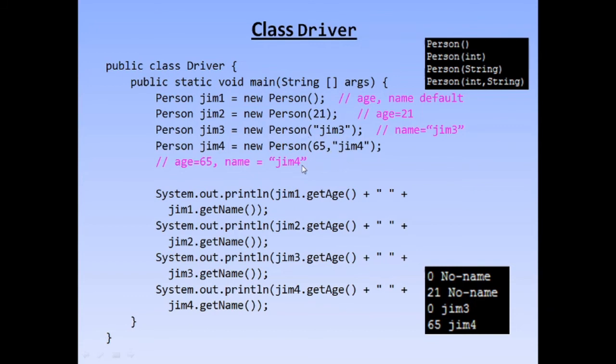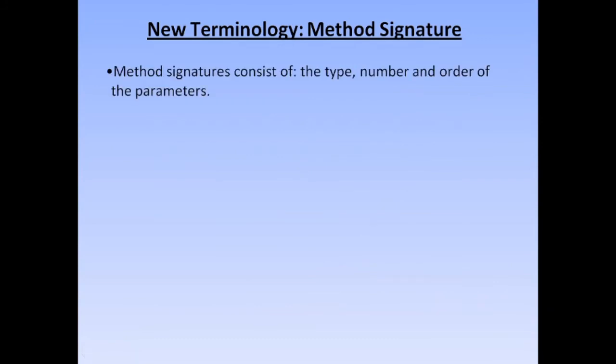Now, what is a method signature? Whenever we declare a method, the name of the function, the data types of the arguments, and the number of arguments together make a method signature. A method signature consists of the type, number, and order of the parameters.